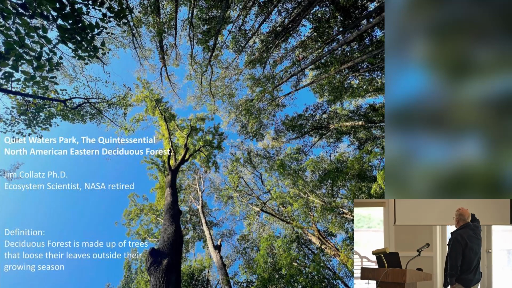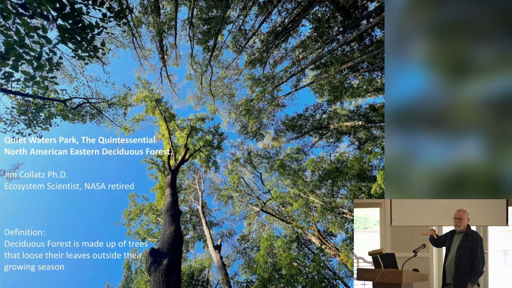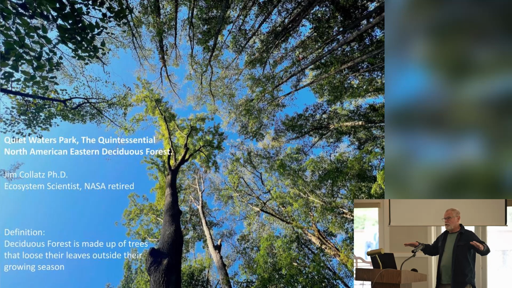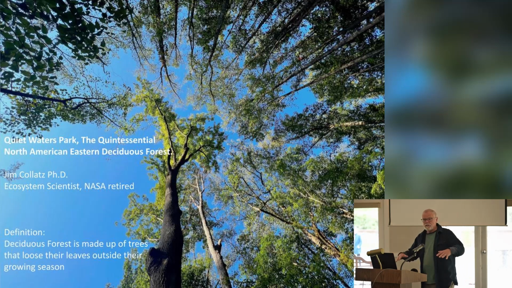I worked for NASA. I worked on NASA projects for about 30 years. We use satellites to study the vegetation of the earth, deforestation, how vegetation, that included forests and agriculture, responded through the seasons in response to climate change.